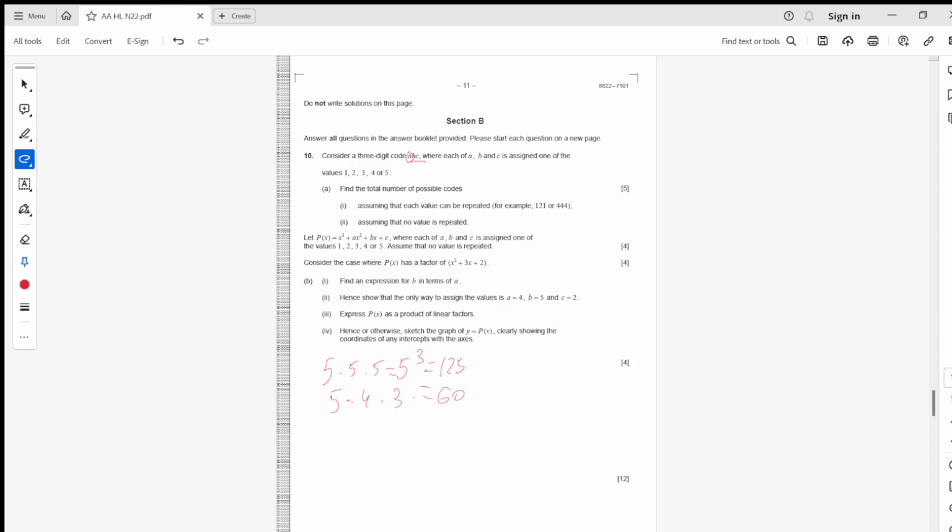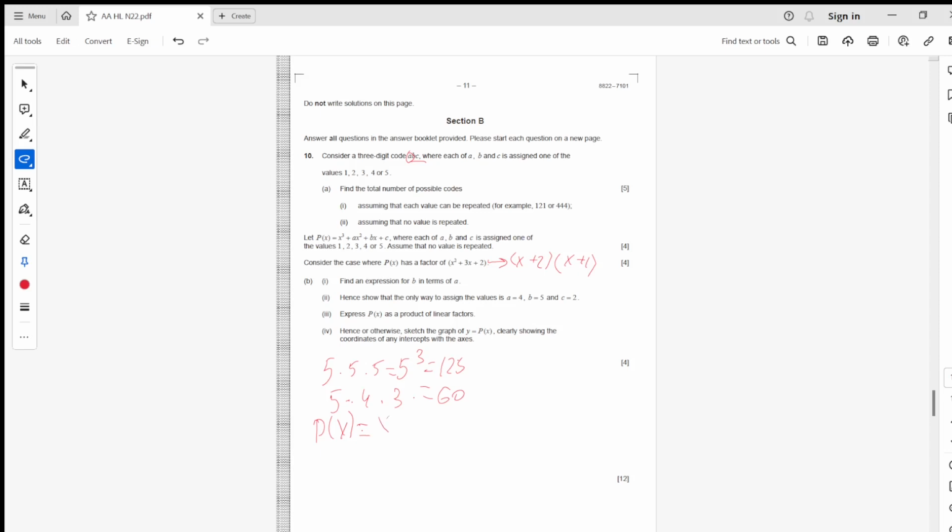Let p of x be equal to some function. Consider the case where p of x has a factor. Find an expression for p in terms of a. So let's write p of x as you can see, this thing is x plus 2 times x plus 1.